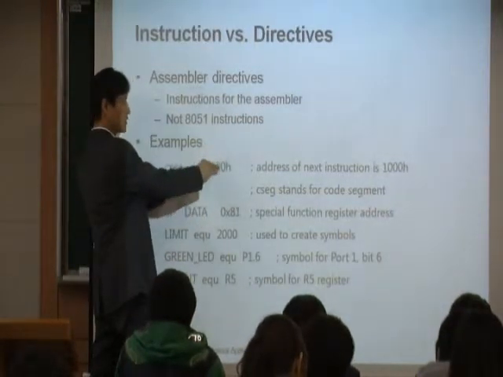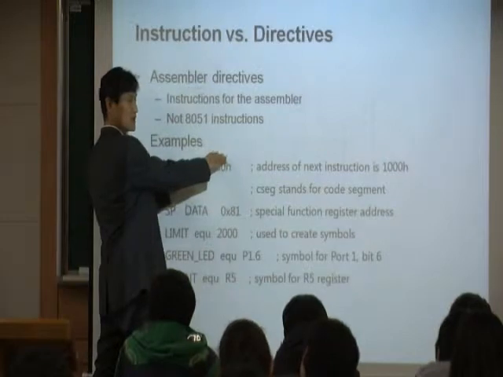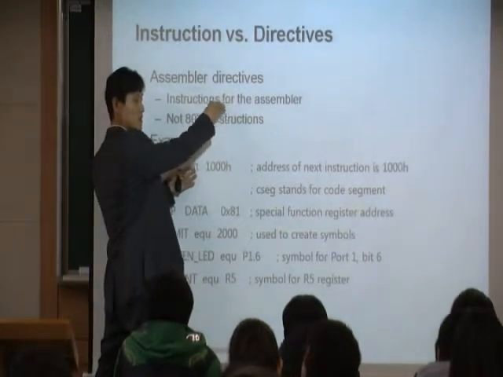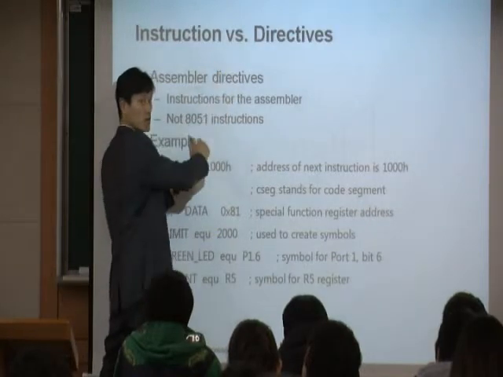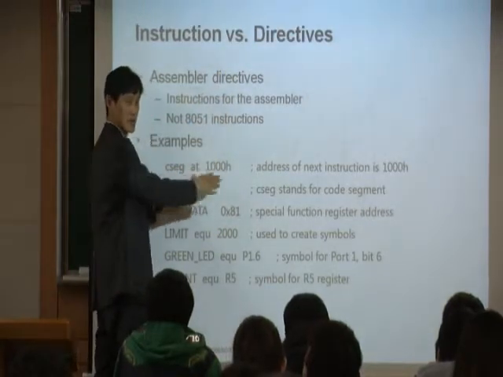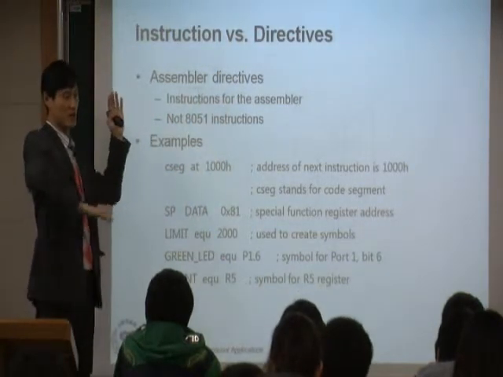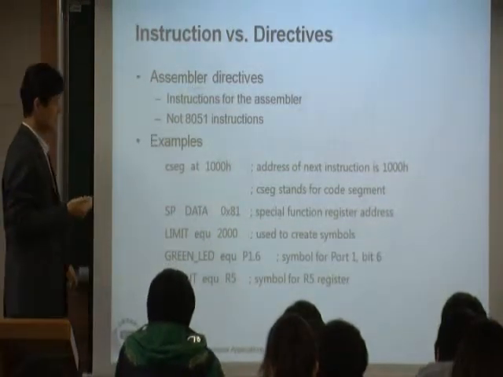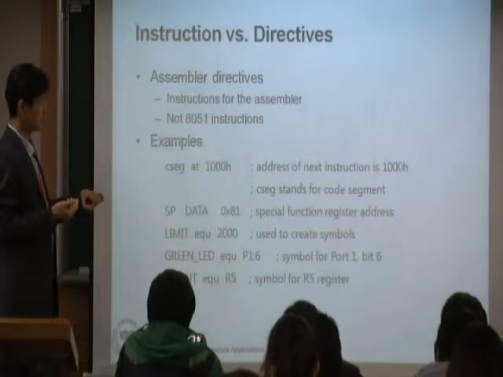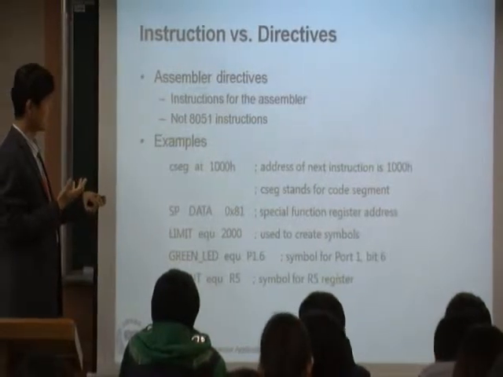And then the next code will be 1002 or something, 1004, 1008, something like this. The program counter will increase. But this one is the same. I mean, this one just defines, okay, here is my boundary. That's it. So this is one example of a directive.